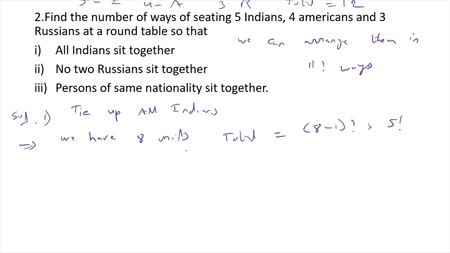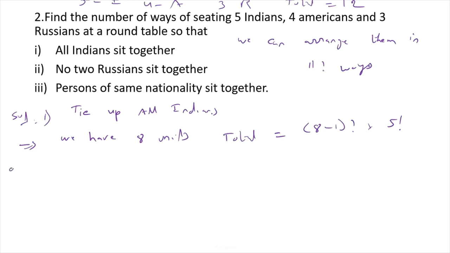Since we have 8 units, these 8 units can be arranged around a table in 8 minus 1 factorial ways. After arranging these 8 units in 8 minus 1 factorial ways, we can arrange 5 Indians among themselves in 5 factorial ways. Therefore, the total number of arrangements is equal to 8 minus 1 factorial times 5 factorial.